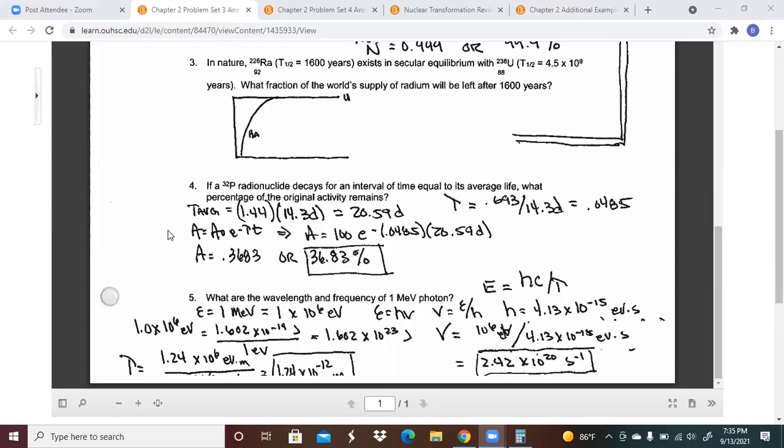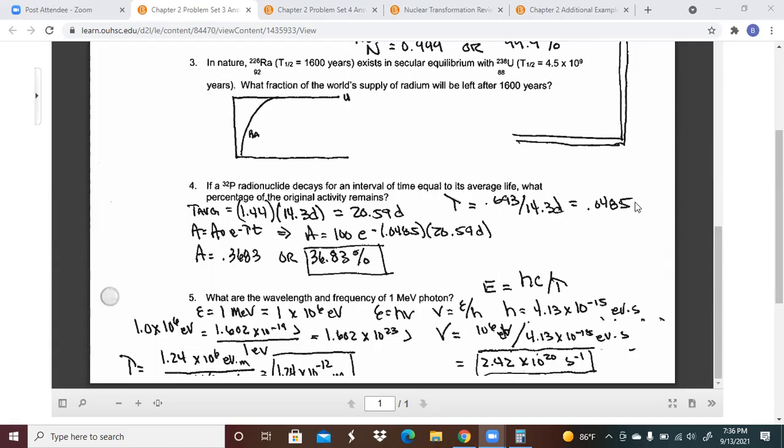So we can use our activity equation here. We know that the original activity, we're just going to say it has 100. I mean, it can be anything, but generally we're just going to start here with 100 to make the computations easier. We know what lambda is. We know what amount of time the average life happens to be, so we're plugging that in.